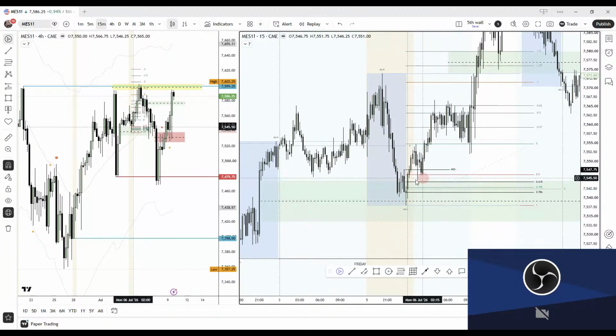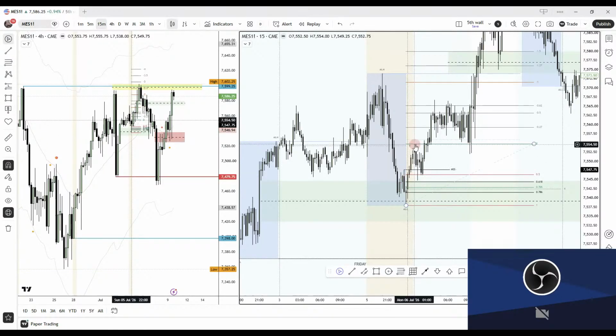The model is price retracing below 50%, back into, in this case, a discount PD array, this bullish fair value gap, or this inverted bearish fair value gap, and then proceeding higher. And you can see here that this is a key level, right? This was indeed the market structure.